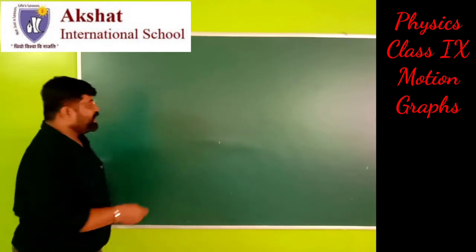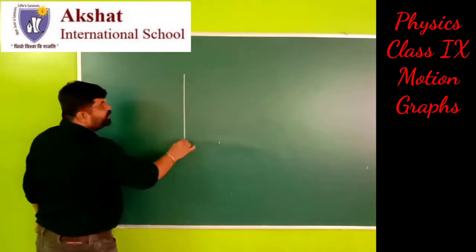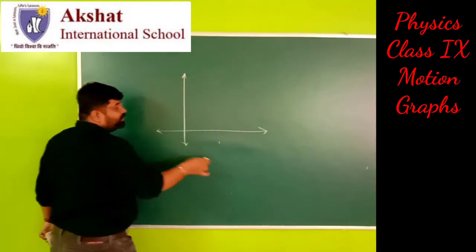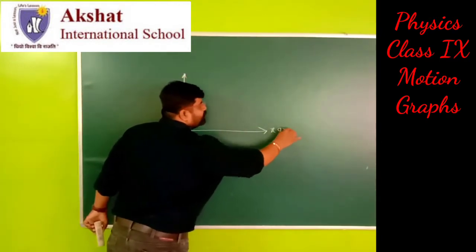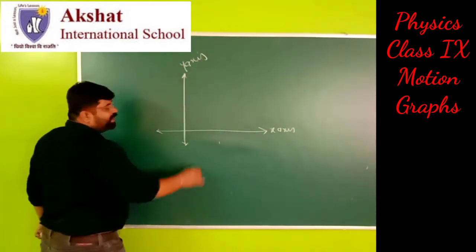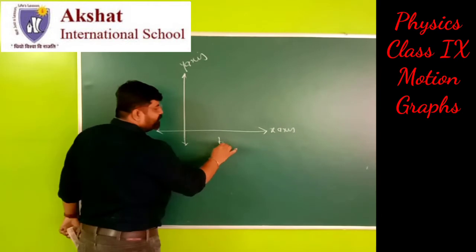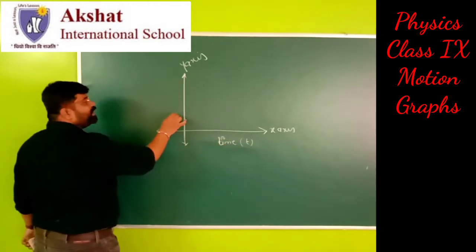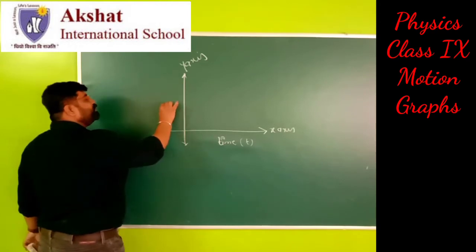Now, as you all know, we had studied about the graph. This is our x-axis, this is our y-axis. On the x-axis, as I said, we represent time, and on the y-axis we represent the velocity.